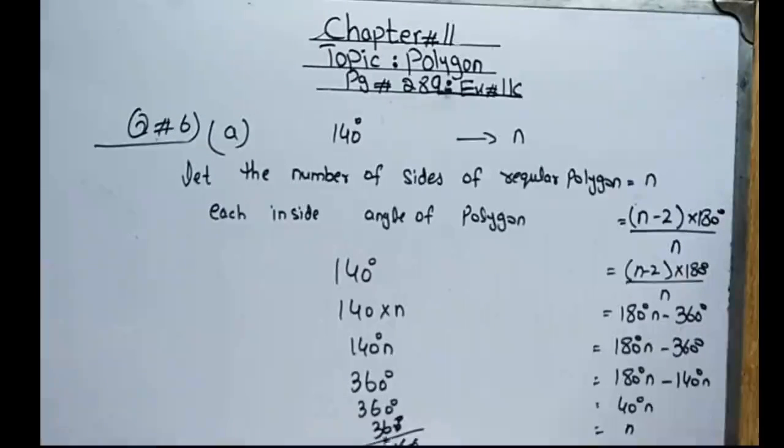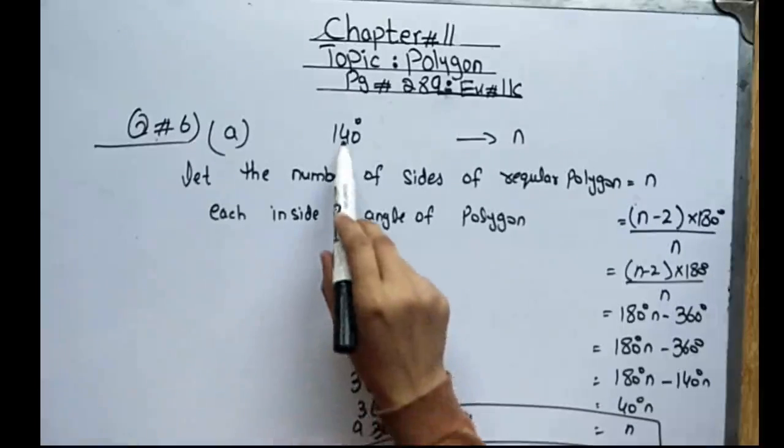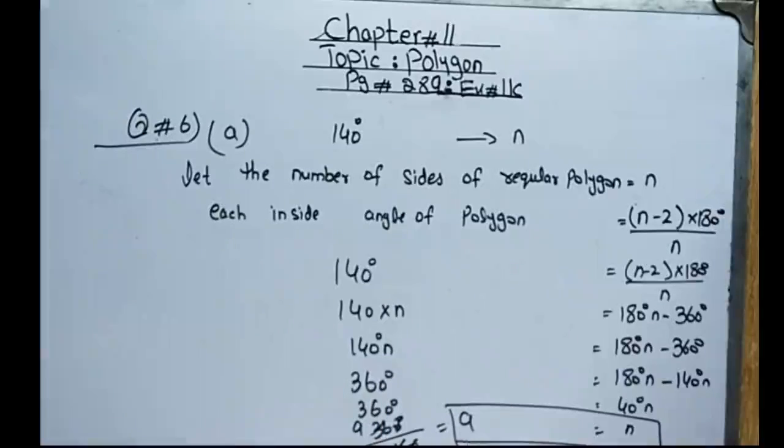The 0 cancels with the 0. 4 ones are 4. 4 nines are 36. So n is equal to 9. This means the number of sides is 9. Got it, beta? So 140 is one angle of a shape that has 9 sides. It means a nonagon. The shape is a nonagon, and this is your final answer.